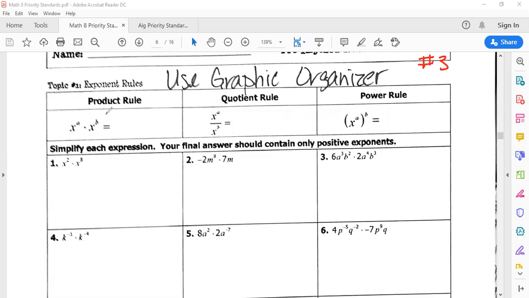So the product rule: when you're multiplying powers of the same base, you add those exponents. So it's going to be x to the a times x to the b equals x to the a plus b. The opposite of that is when you are dividing powers of the same base, we do the opposite operation.